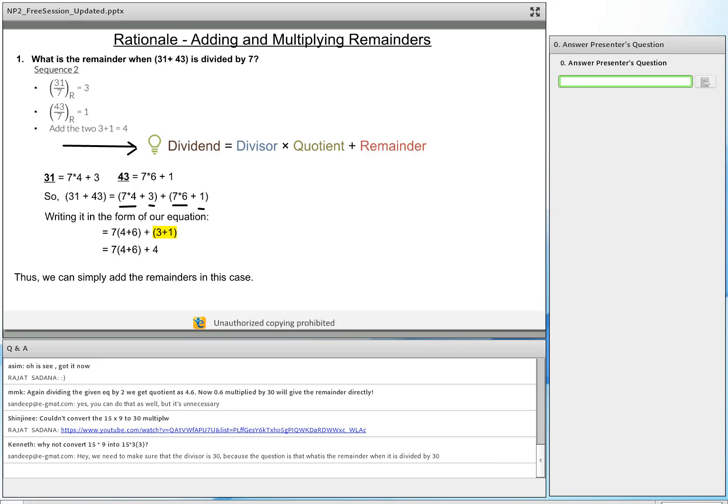So now let's see why it works in terms of multiplication. Just do the same thing. We express 31 as 7 times 4 plus 3. When you read this, you say, it's a term that's divisible by 7, and a term that is not divisible by 7. And 43 as 7 times 6 plus 1.